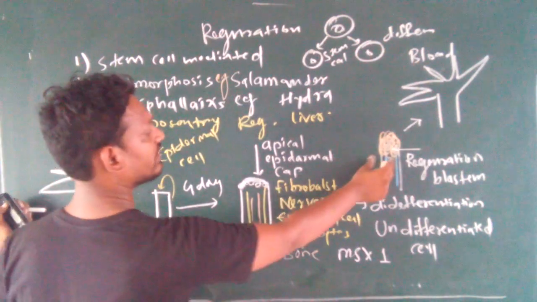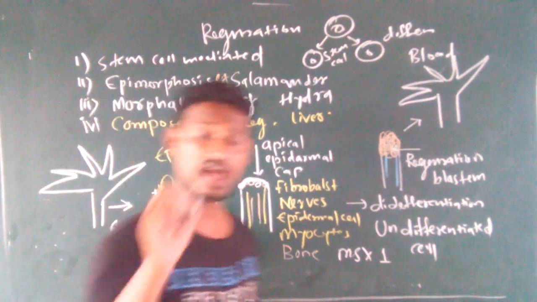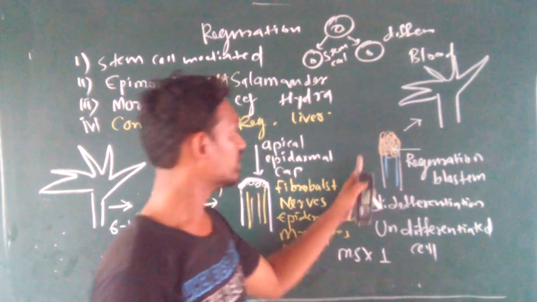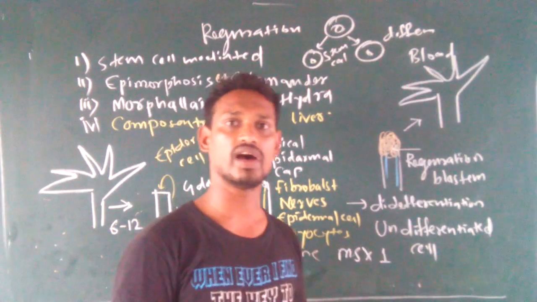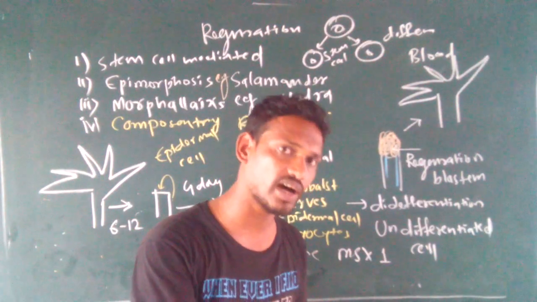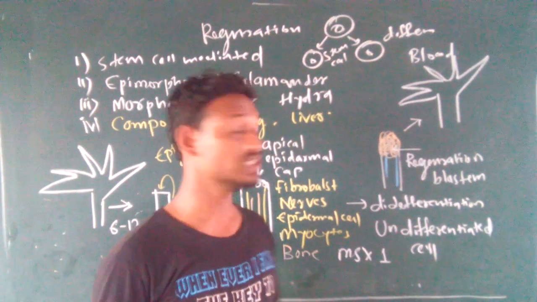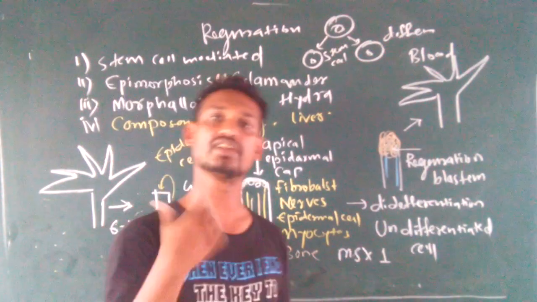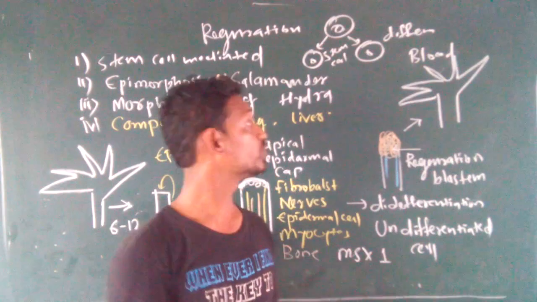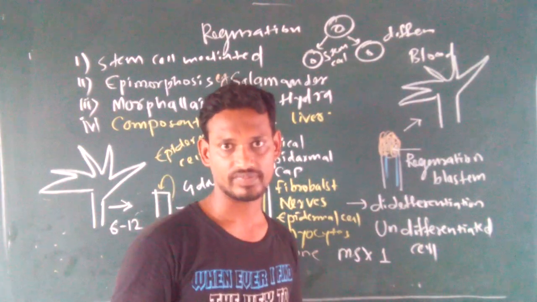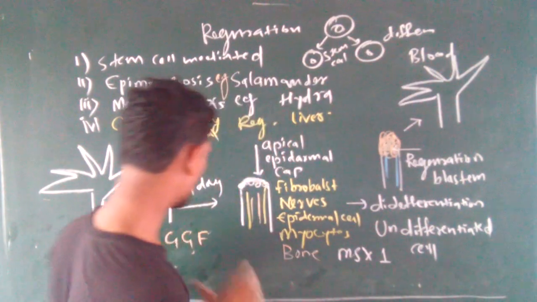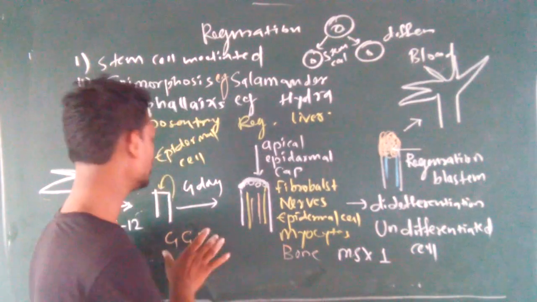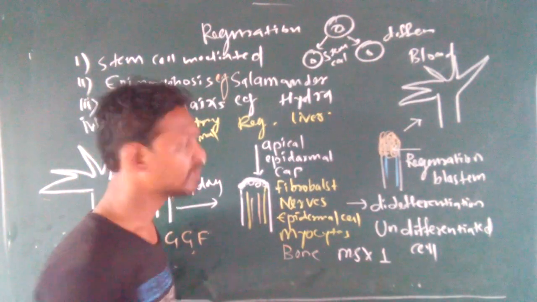The nerve cells secrete the glial growth factor, and the regeneration blastema enhances the rate of proliferation, meaning they divide and divide again. This undifferentiated mass divides again up to the limb formation. Got it? What does the glial growth factor do? It enhances the proliferation, and this is secreted by the nerve fibers.